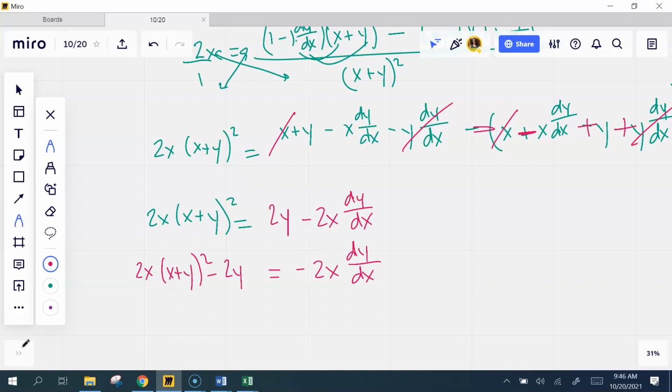Okay, I'll wait. Yeah, negative 2y. I'd probably simplify, at least take a 2 out of everybody. And if you want to split it into fractions, you can. It's not really necessary.